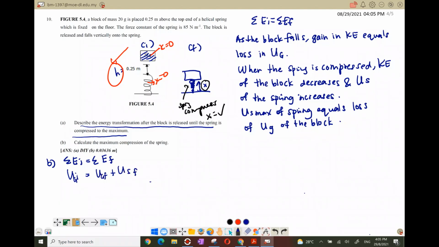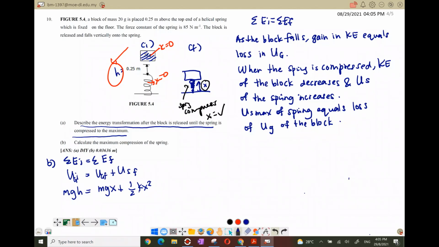Then write down the U_G, ataupun gravitational potential energy, is equal to mgh initial, and then the final is mgx. Okay, saya dah labelkan X tadi, dan U spring adalah equal to half kx squared. Okay, so kita masukkan semua value.